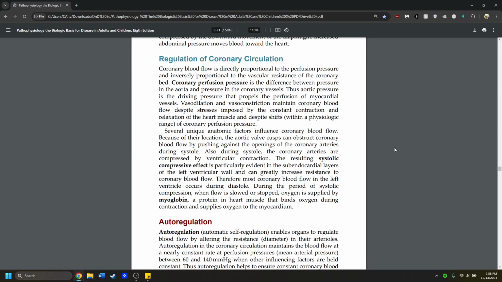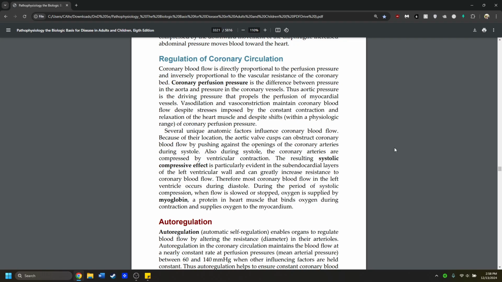The regulation of the coronary circulation. Coronary blood flow is directly proportional to the perfusion pressure and inversely proportional to the vascular resistance of the coronary bed. Coronary perfusion pressure is the difference between pressure in the aorta and the pressure in the coronary vessel.